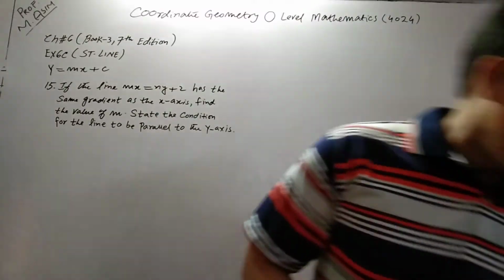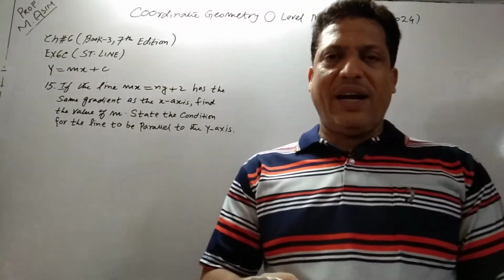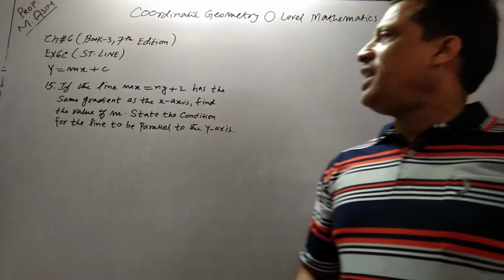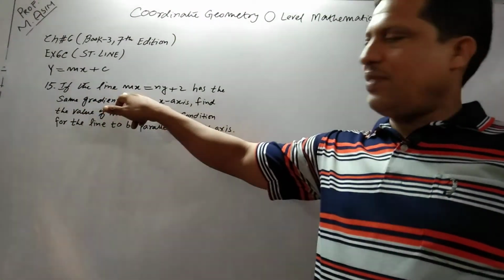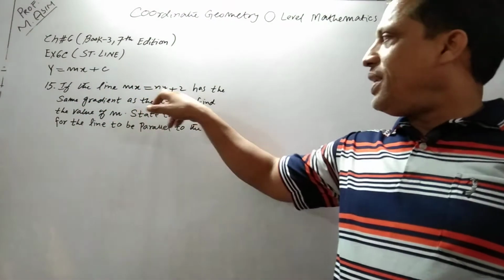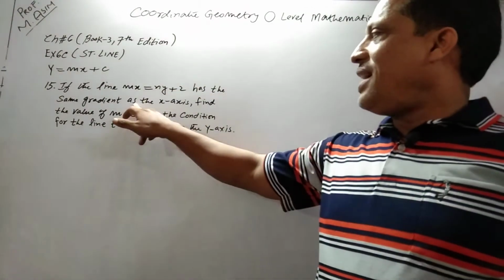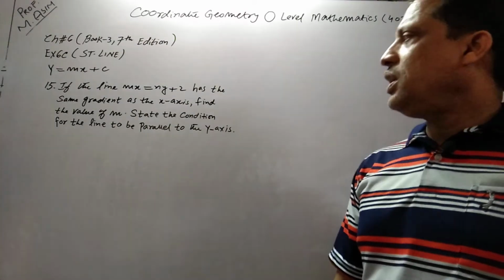See question number 15. These questions are coming from advanced level. Question number 15 is: if the line mx = ny + 2 has the same gradient as the x-axis, find the value of m.